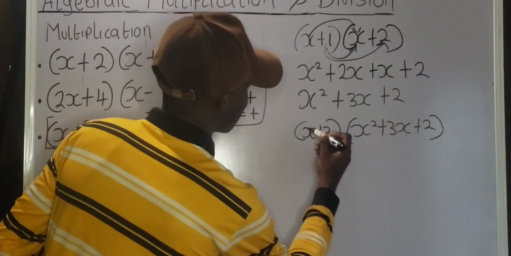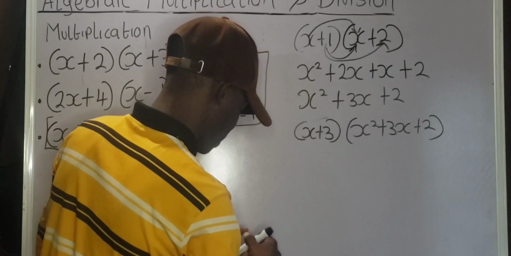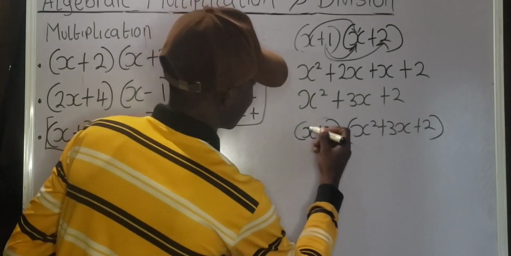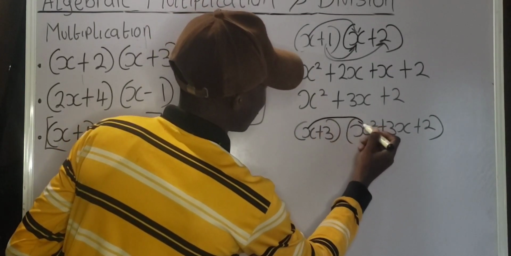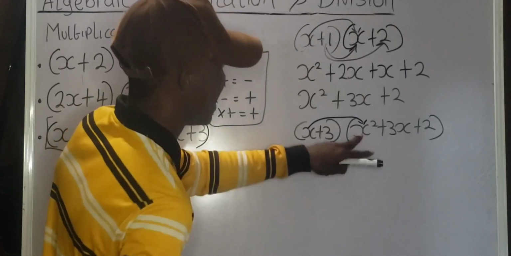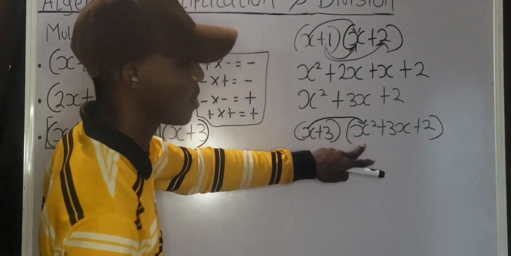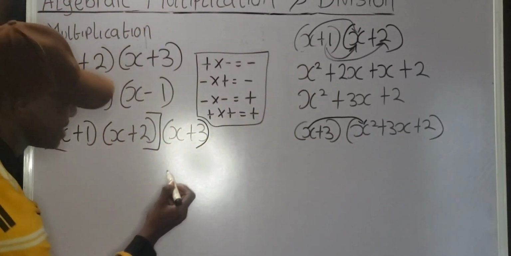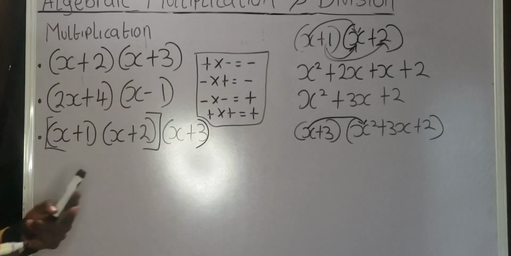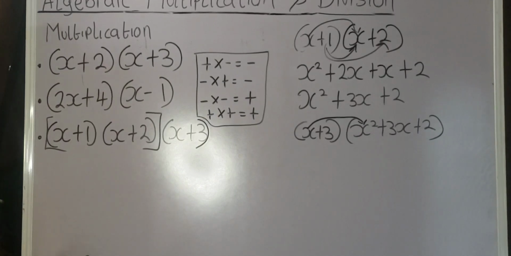For this, I'm going to have x multiplied by x. That is what? x multiplied by x is x raised to the power of 2, according to the law of indices. That is why it is very, very important that you follow our class, okay? There are some classes that we have done on indices.